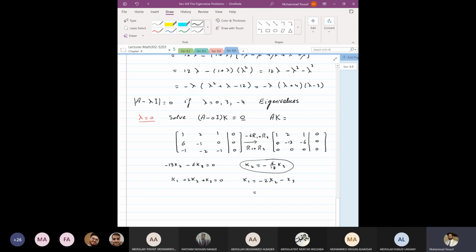Negative 2 multiply k2, it will be 2 and 2, negative and negative positive, 6 times 2 is 12, 12 over 13 k3, minus k3. If we take a common denominator, this is 12 minus 13, negative 1 over 13 k3. So now you look at what is underlined here: the vector K, and I'm saying here big K1, the first eigenvector.